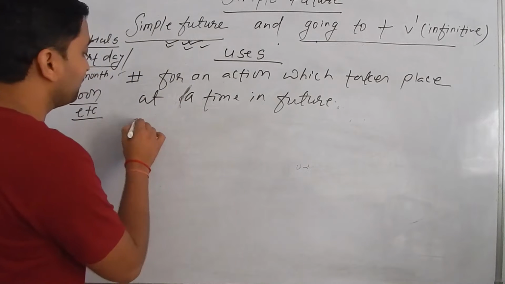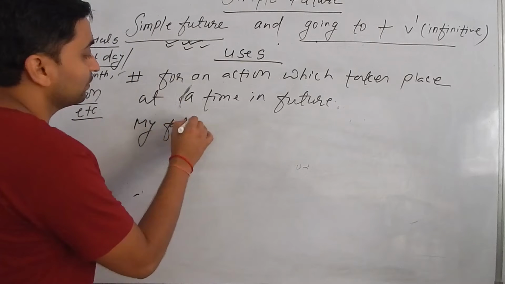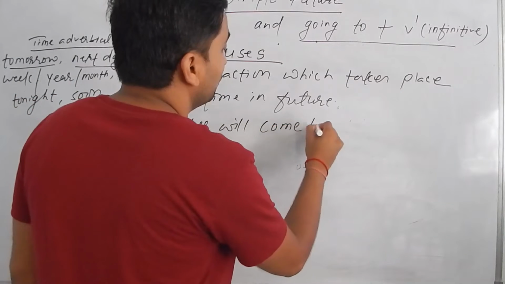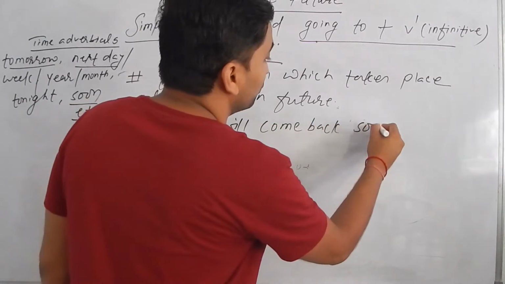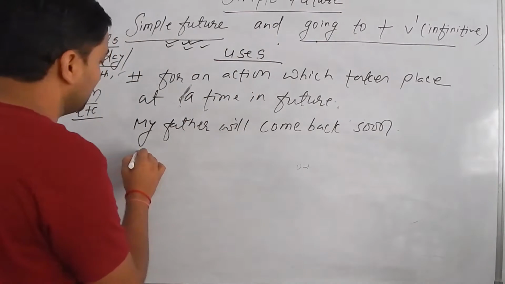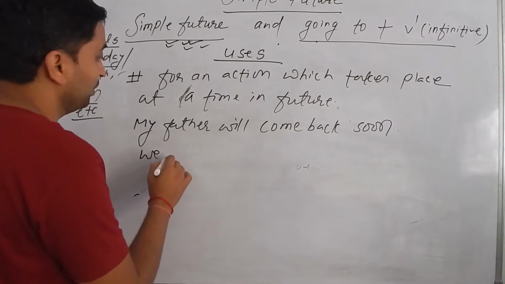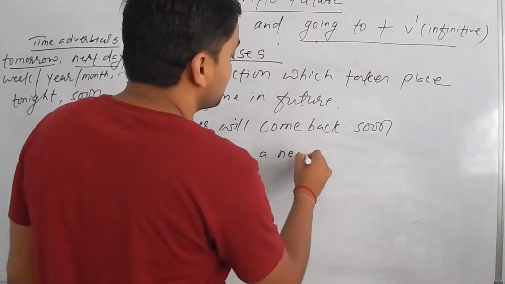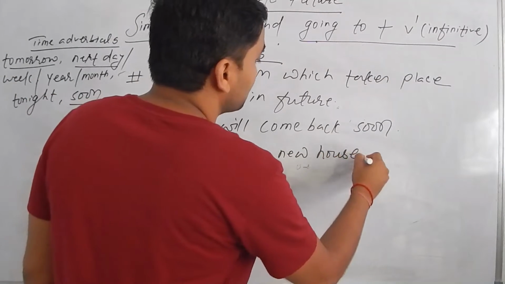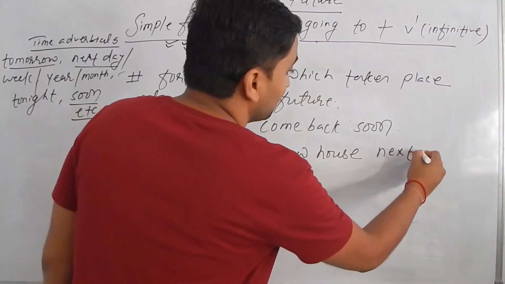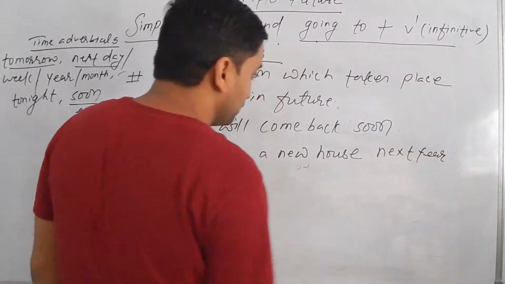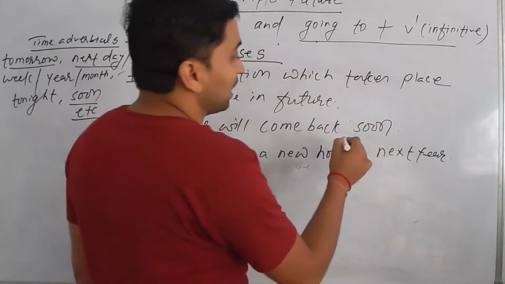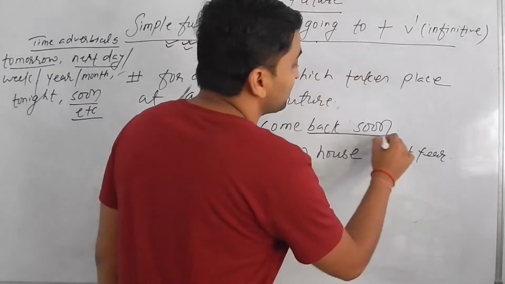Like my father will come back soon. Or you can say we will buy a new house next year. So in both examples we can observe that we are talking about future action.